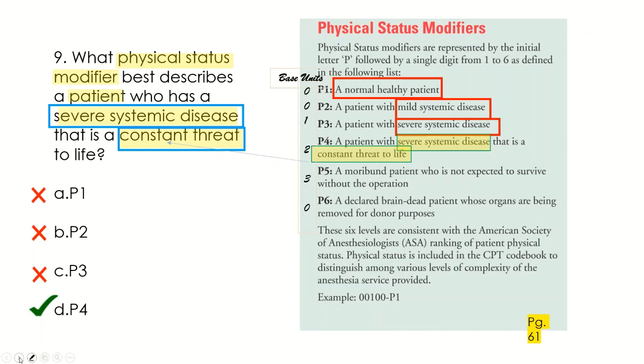I'll give you a minute to jot that down. Not literally a minute, more like 20 seconds. Got it? Okay. I'm going to move on.